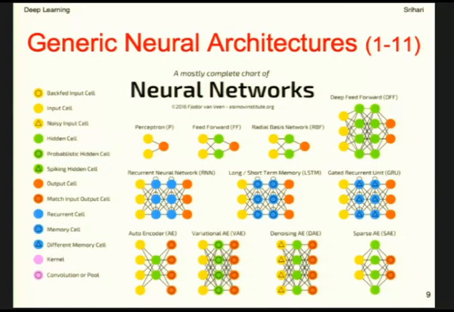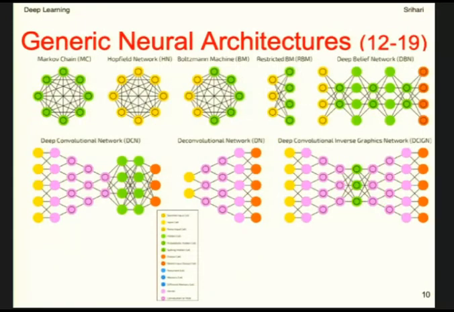I don't know all these architectures myself, but it's kind of interesting to see what all exists over here. There is a Markov chain. Okay, that's a very standard probabilistic graphical model. Markov chain is simply a set of variables connected to each other that represents a probability distribution actually. And Hopfield network is some variant here again. And this is something called a backfed input cell, whatever that is.